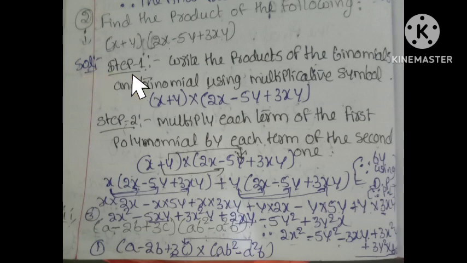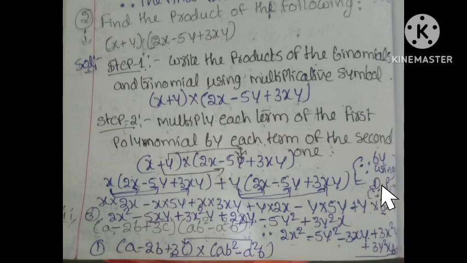First, step 1. Write the product of the binomial and trinomial using the multiplicative symbol. First binomial, x plus y into 2x minus 5y plus 3xy. This is step 1. Next, step 2. Multiply each term of the first polynomial by each term of the second one, by using the distributive property.